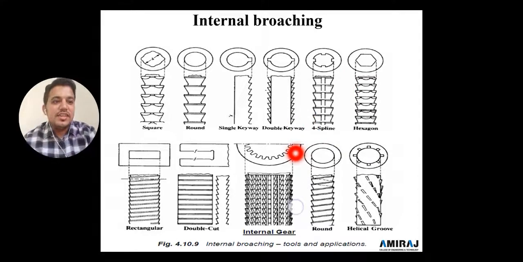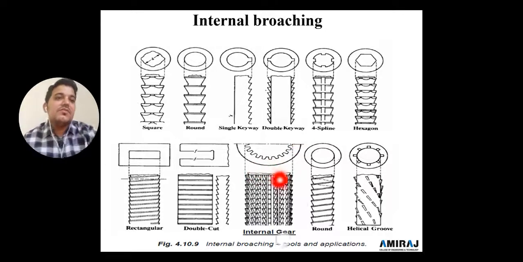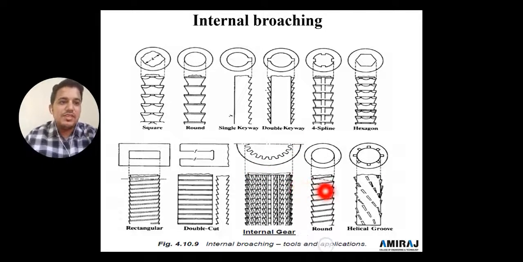So all these kinds of uneven shapes, if we want to make internally a hole, then we can utilize internal broaching. You can observe here rectangulars are there, double cuts are there, inner side double cuts are there, then internal gear. When we are preparing sun and planet type arrangements, or rack and pinion type arrangements, at that time for internal gearing purposes we are using broaching operations.